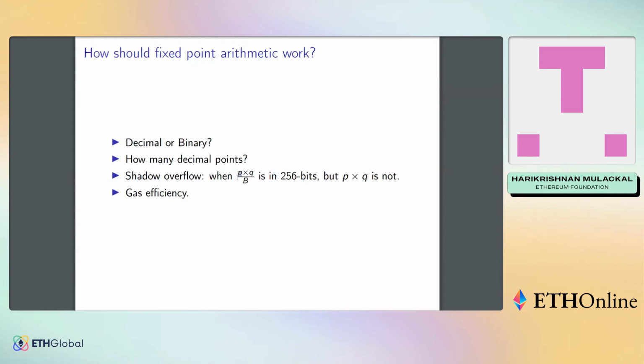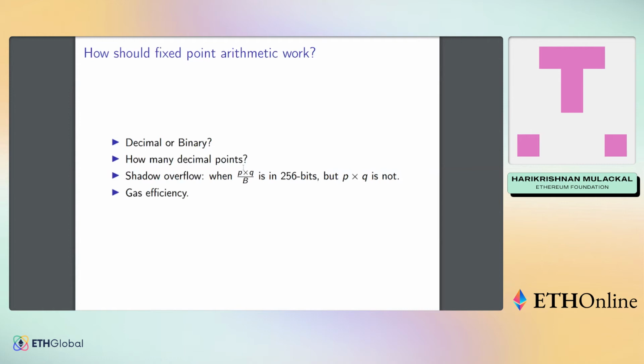Remember that this is the most basic calculation, p times q divided by b. p, q, and b are 256-bit numbers, but the multiplication p times q may not fit inside 256 bits. There can be cases where p times q divided by b is a 256-bit number, but p times q is not. How do we handle the situation?